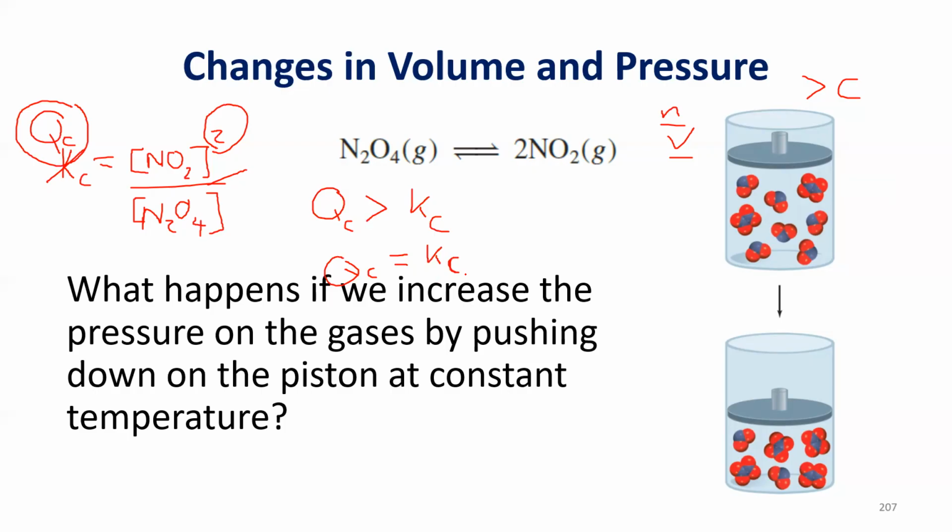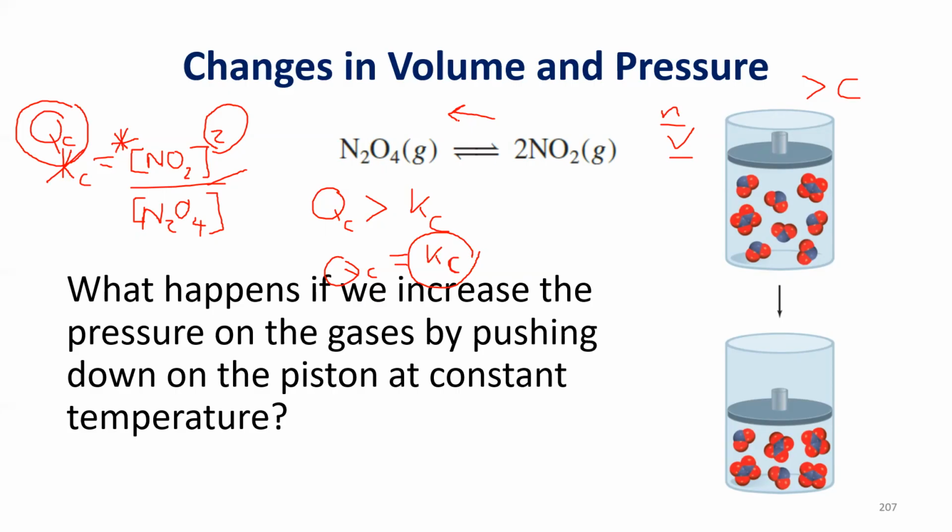So for it to do that, it needs to reduce this concentration of NO2 such that its square becomes smaller and smaller until it is equal to Kc. Qc equals Kc. So for that to happen, the reverse reaction is going to be favored.